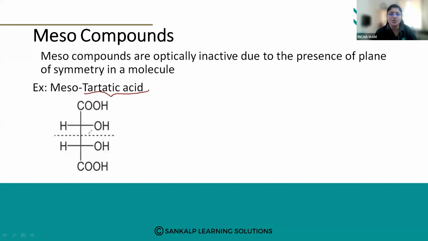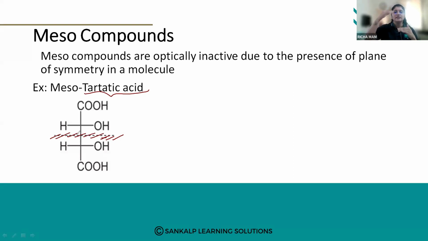Okay, tartaric acid. So what you can see is a molecule. Now what they have done is put a mirror here, or you can put a plane of symmetry. You put a line here, just like putting your hand on that molecule in the center.